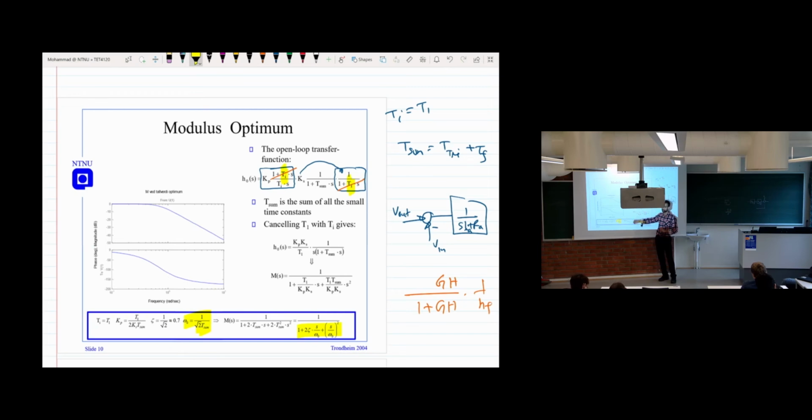T sum is the delay caused by the PWM signal and also the filter. So if you have a higher carrier frequency, this means a smaller time step. This means it will follow very fast.